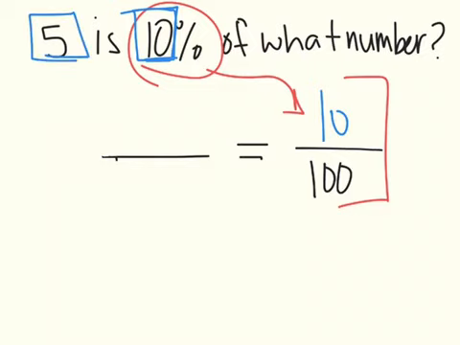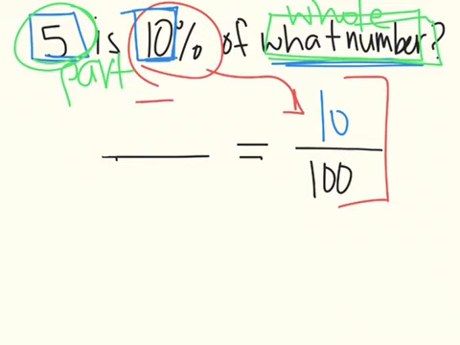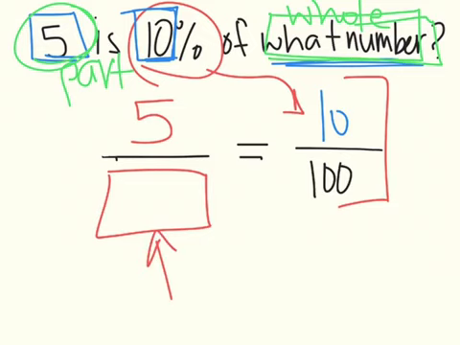It says 5 is 10% of what number? 5 is actually making up the part, because this what number over here is making up your whole, or the total. We don't know the total amount right now because 5 is 10% of what whole number. So I'm going to put the 5 on the top of our equation, and I'm going to leave the bottom blank. I like to draw a box because that helps me know that this is what I'm finding.